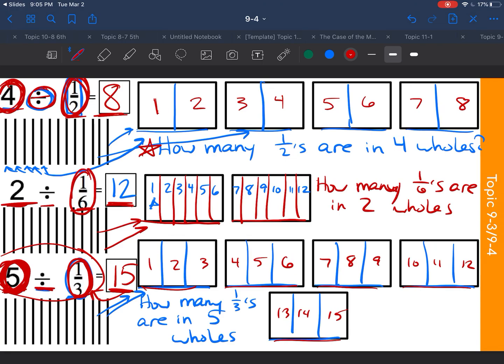And really that all just depends on what unit fraction you're dividing by. If you're dividing by 1/6, you split each whole into 6ths. If you're dividing by 1/4, you split each whole into 4ths, and so on. And to get your final answer, you're just seeing how many of those individual parts are in all of my wholes combined.